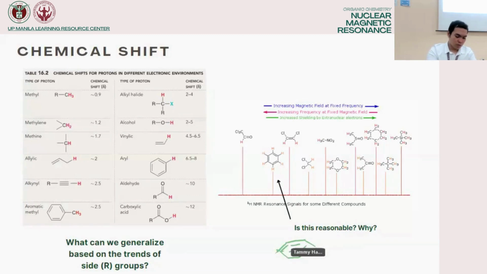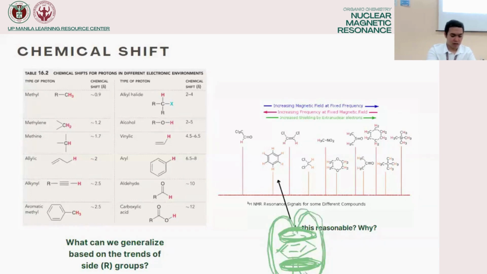These rings produce, meron kang mga pi bonds diyan, so umiikot siya up and down. So ang na-induce mong magnetic field, ganito lang. Parang magnet pa rin siya. That is anisotropic effect. So your ring, kasi merong pi electron delocalization. What do we mean by delocalization?